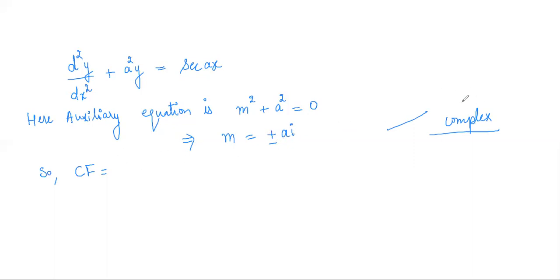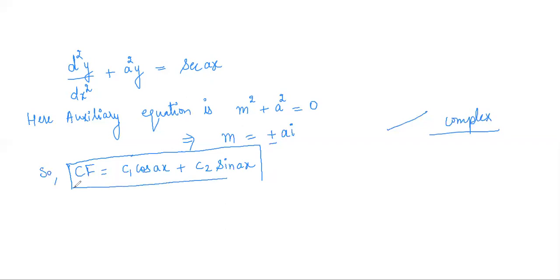If I talk in terms of the notation which we have considered in our previous videos, it will be e raised to power 0x, that will be 1, then some constants C1 cos ax plus C2 sin ax. So for this particular differential equation, the complementary function will be of this form: C1 cos ax plus C2 sin ax. Now we have to find the particular integral.